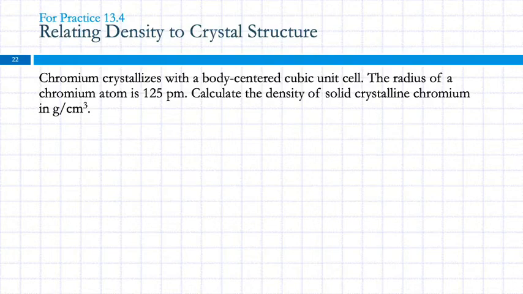For the body-centered cubic unit cell, L is equal to 4R over the square root of 3. Again, I do not expect you to remember that. The radius is 125 picometers, and we're supposed to calculate the density of crystalline chromium.